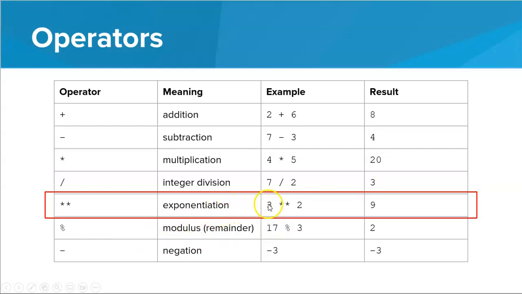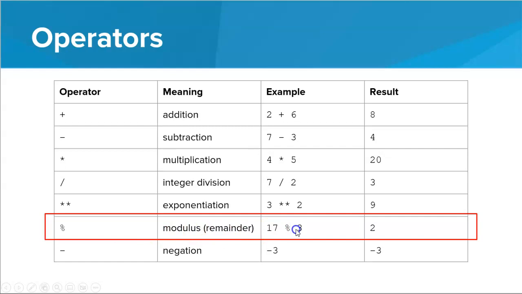In exponentiation, 3 asterisk asterisk 2 is 3 to the second power. This can also be written in the form of 3 to the second power. Obviously, that's not the way it is in Python. We use the symbol of exponentiation, which is asterisk asterisk.